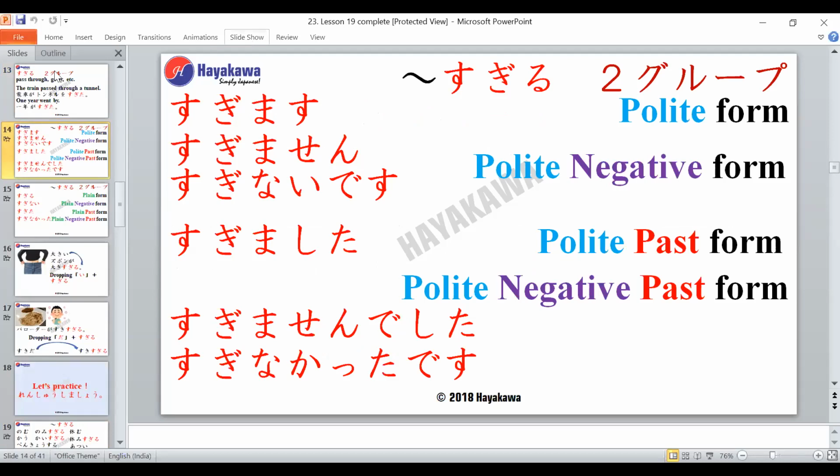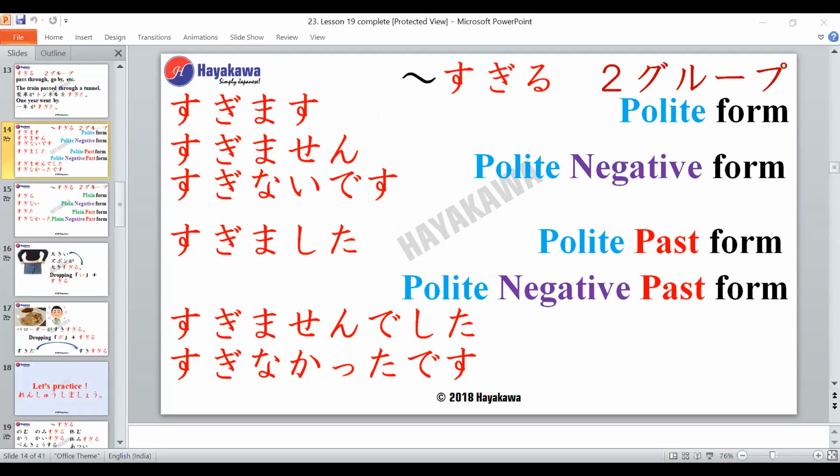So we have the verb sugiru, right? The polite form will be sugimasu. Polite negative form will be sugimasen or suginai desu. Polite past form, sugimashita.